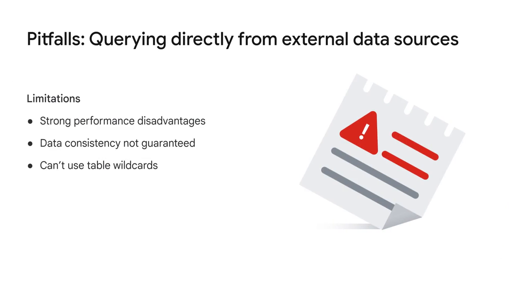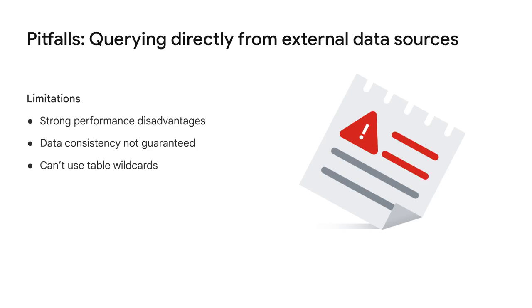External data source limitations include the following: BigQuery does not guarantee data consistency for external data sources. Changes to the underlying data while a query is running can result in unexpected behavior. Query performance for external data sources may not be as high as querying data in a native BigQuery table. If query speed is a priority, load the data into BigQuery instead of setting up an external data source.